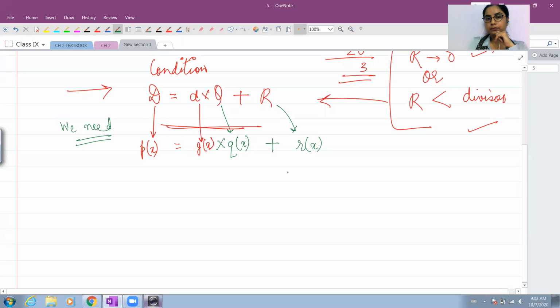This is the remainder. And the condition which is applicable while checking this, that either rx, the remainder polynomial, should be equal to 0 or the degree of this polynomial should be less than degree of your divisor.